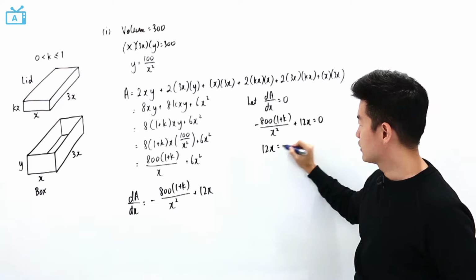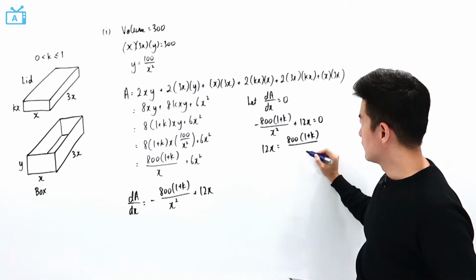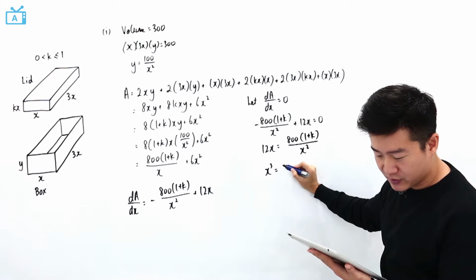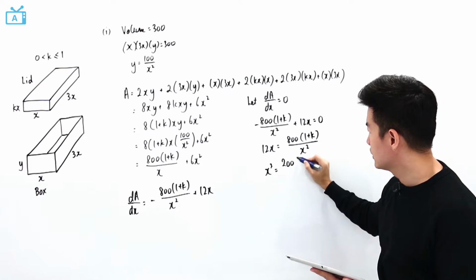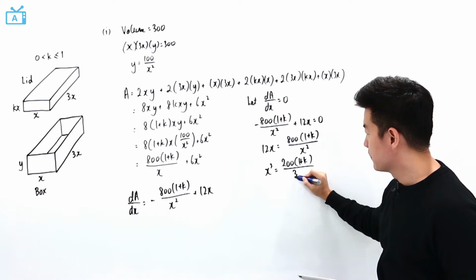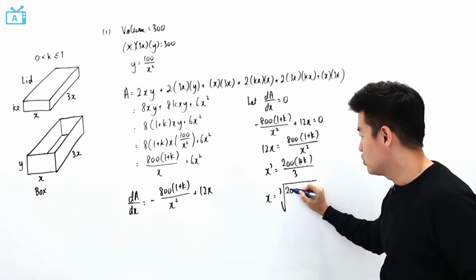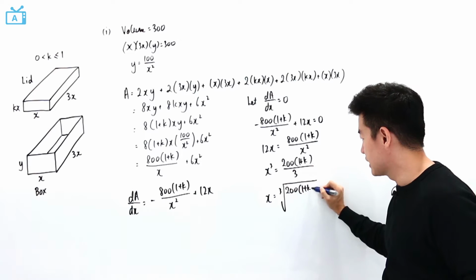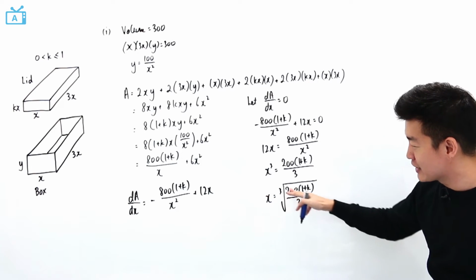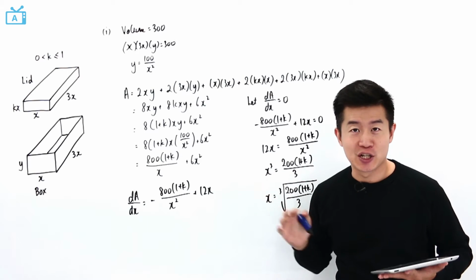So 12x is going to be equal to 800 of 1 plus k divided by x squared, which means that x to the power of 3 is going to be equal to 200 of 1 plus k divided by 3. So x is going to be the cube root of 200 of 1 plus k divided by 3. So what we have found out so far is that when x is equal to this value here, A is going to be experiencing a stationary value.